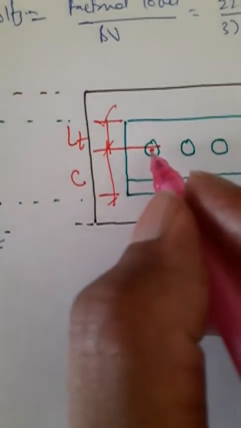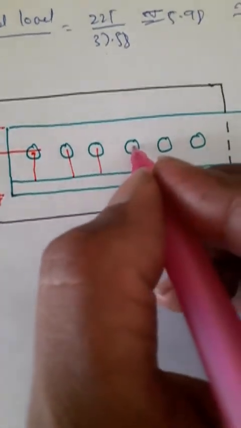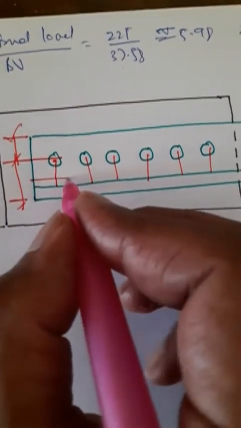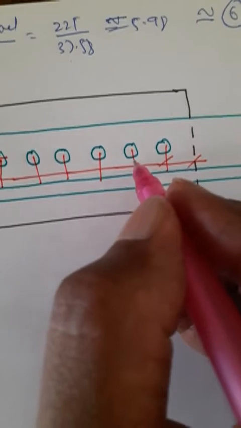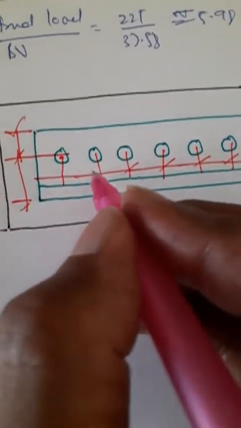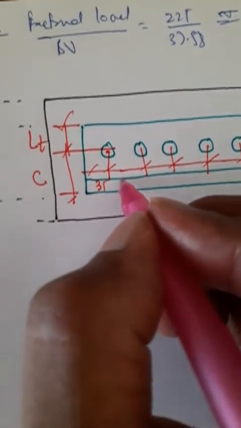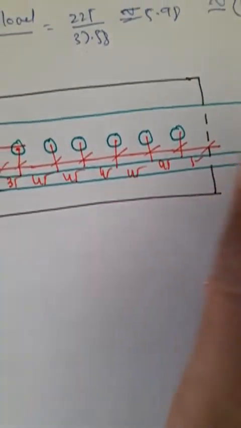Now I know edge and pitch, so mark the values: 45, 45, 45, 45, and edge 35.